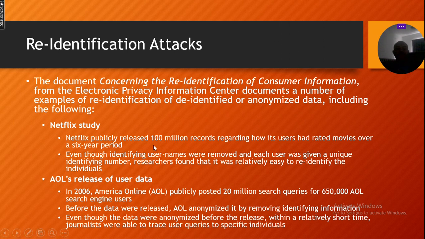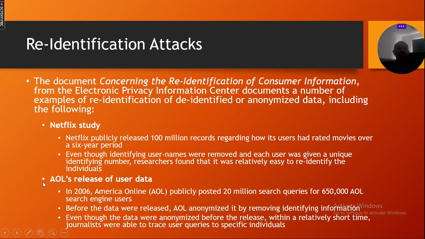Despite Netflix removing the names of these people and their addresses, researchers were able to find out that it was easy to re-identify those people who own this information in the first instance.